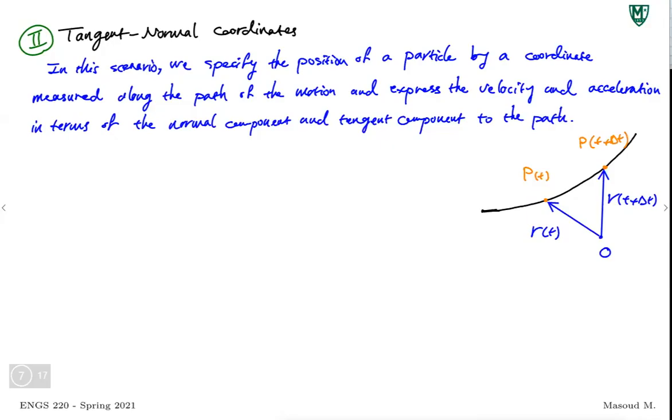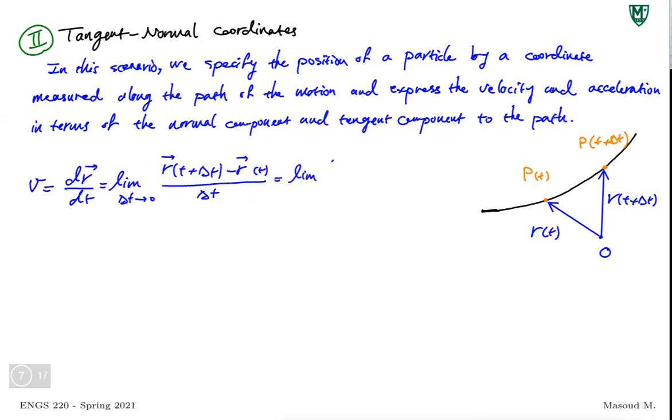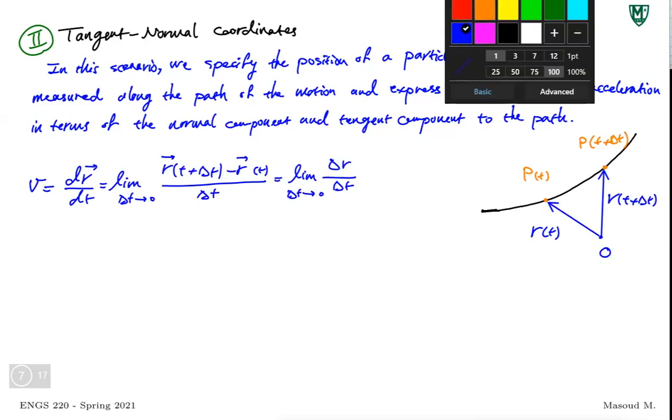And remember, we define velocity as dr/dt, the change of position, basically displacement, over dt. Mathematically, we can write it as the limit of r at t plus delta t minus r at t, divided by delta t, when delta t goes to 0, or more easily as delta r over delta t.